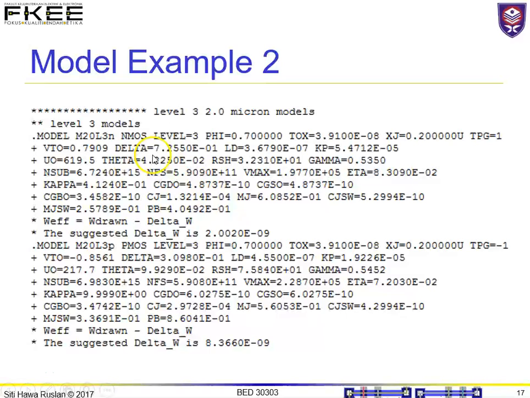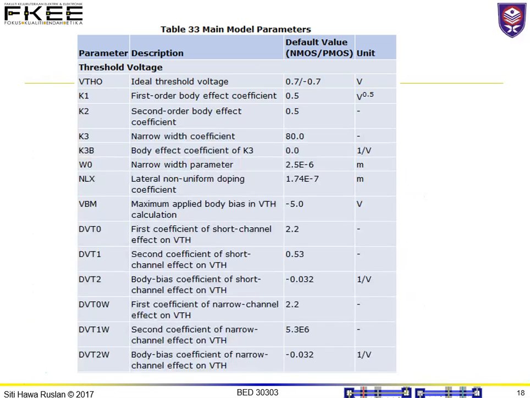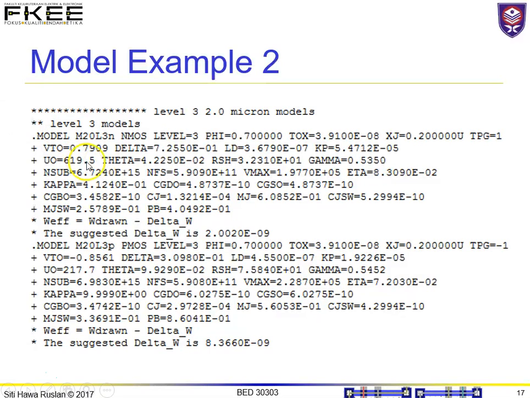So this is another example taken from another model. Still level 3, but if you see the parameters over here, it is more than the one that I have shown in the previous slide. So what are those parameters?